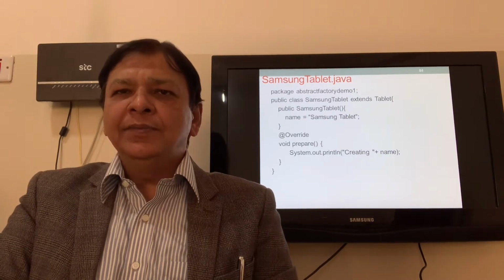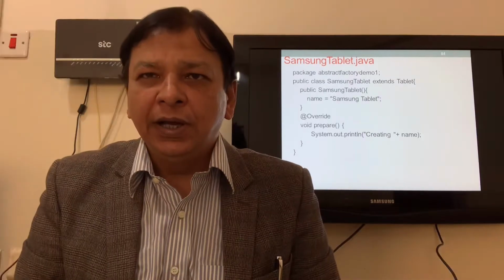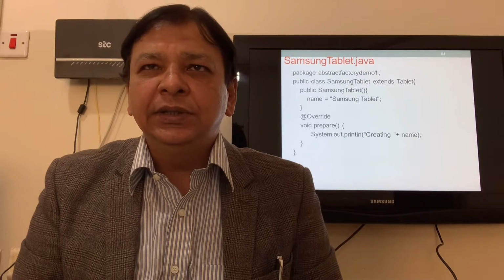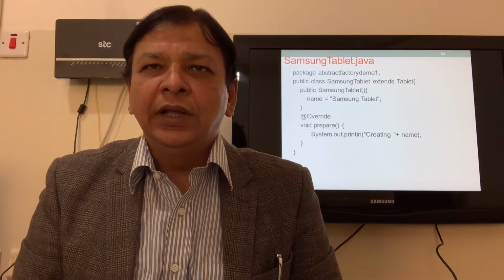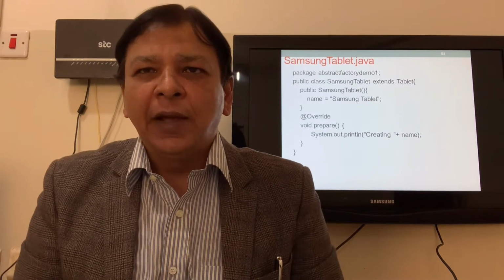Then you have SamsungTablet.java, public class SamsungTablet extends Tablet, and then we have the constructor SamsungTablet, name is equal to SamsungTablet, then override the method void prepare from the Tablet abstract class.